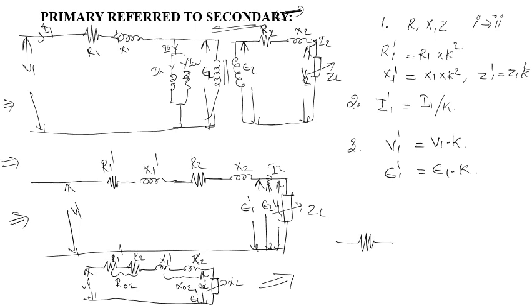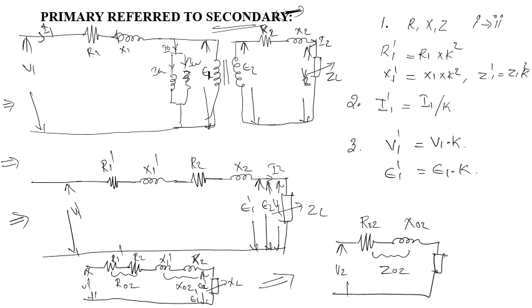Similarly, X1 dash and X2 both are in series, so I can simply draw the circuit. This is the load impedance. This is R02, X02. The combination of this will give you Z02. So this is the load voltage V2.